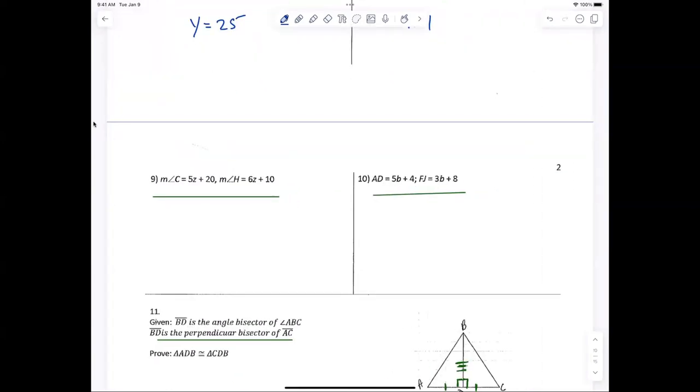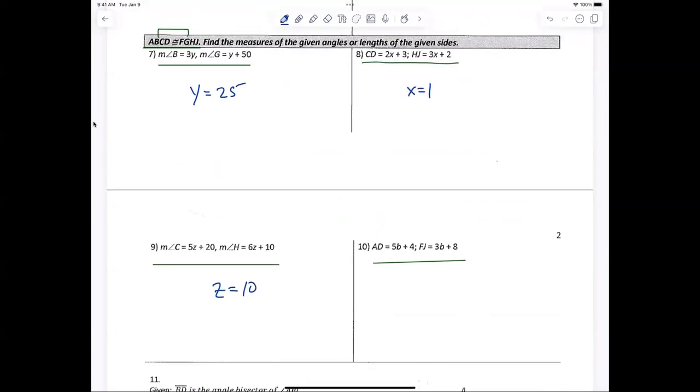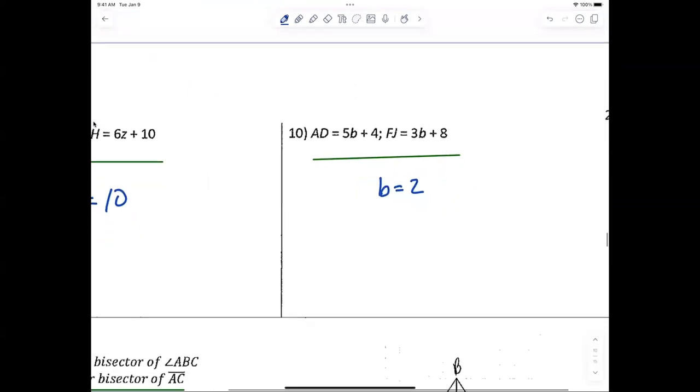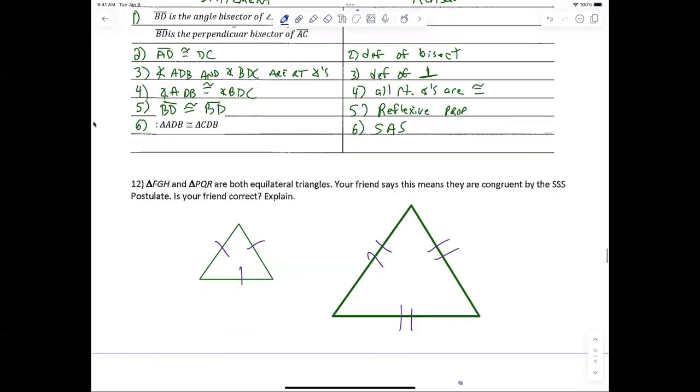So do we agree Z was equal to what? And over here, AD, just to be sure, AD is equal to FJ. So what? 2. You okay with that? All right.